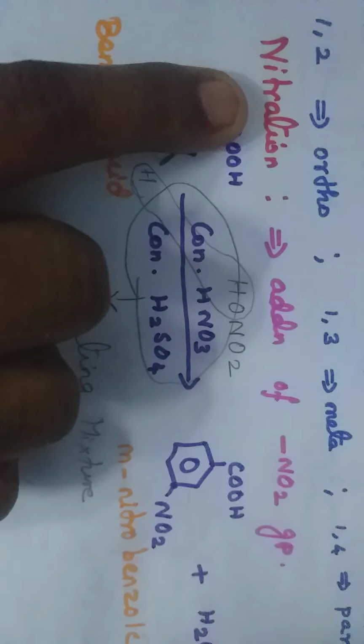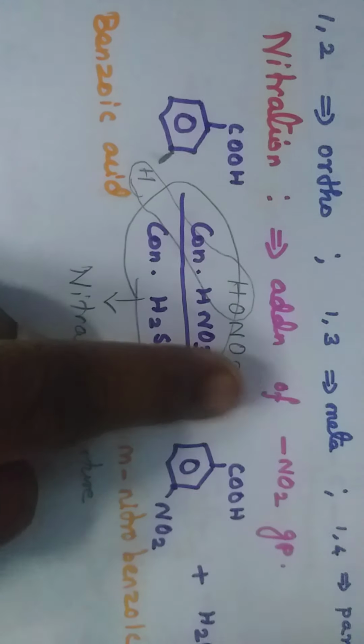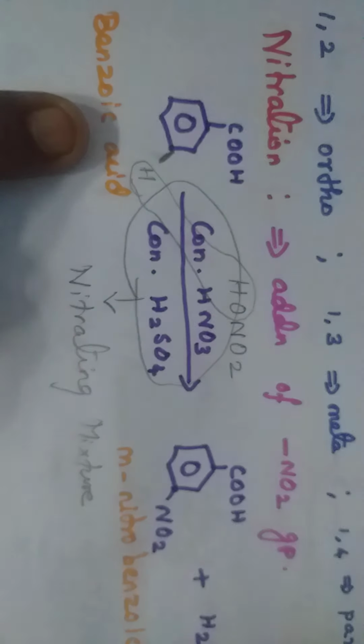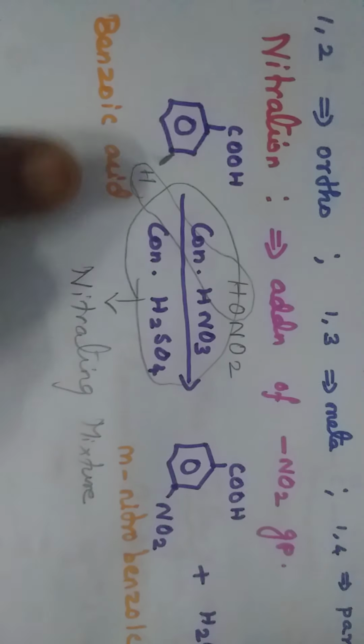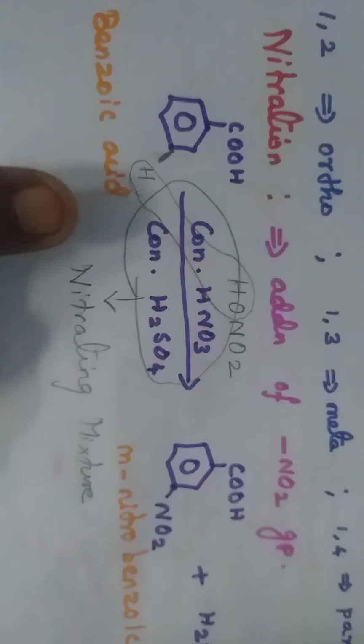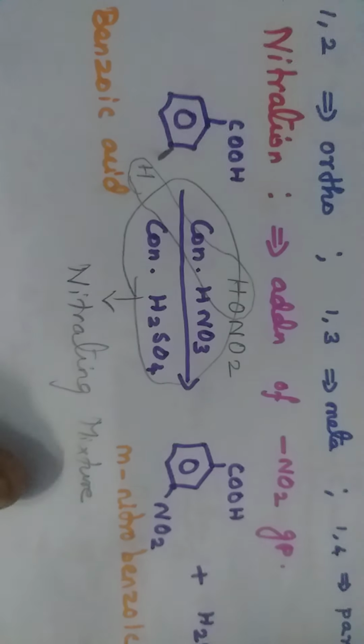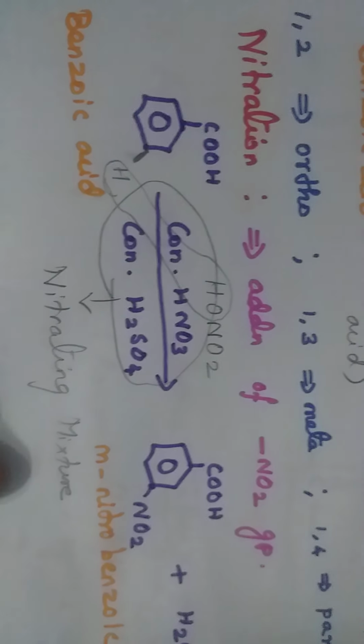Now it is nitration, meaning addition of an NO2 group. This is benzoic acid. Nitration must have a nitrating mixture, whereas in bromination we need a Lewis acid. What is a nitrating mixture? Concentrated nitric acid and concentrated sulfuric acid.